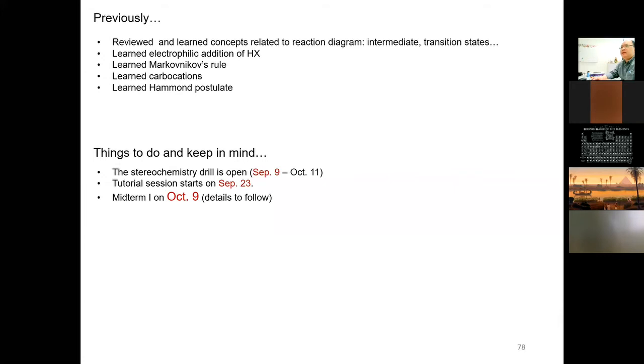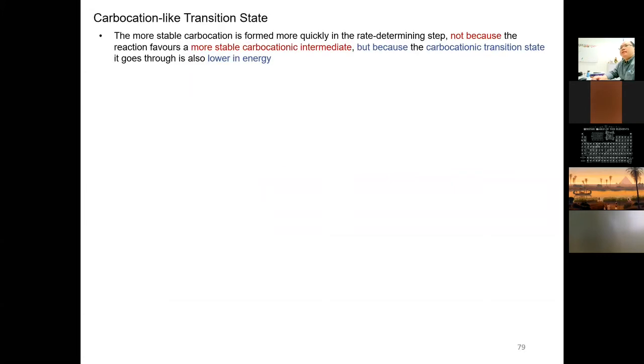All right. At the end of last time, this concept, the carbocation-like transition state, is really important in explaining Markovnikov's rule, and I will just do a brief review of that. Why the addition of HX follows Markovnikov's rule is not directly because it goes through a more stable carbocation intermediate, but because the carbocation-like transition state it goes through is also lower in energy.